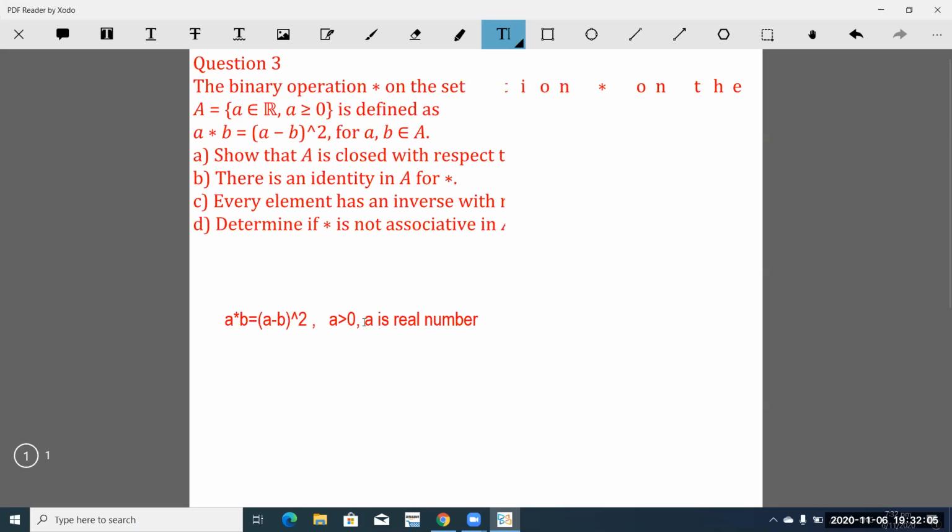B is also a real number, because for any element inside this set, it's a real number and greater than or equal to 0. So B is also greater than or equal to 0 and a real number. So we can say A and B are real numbers.